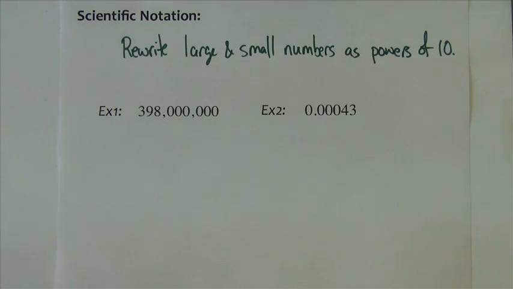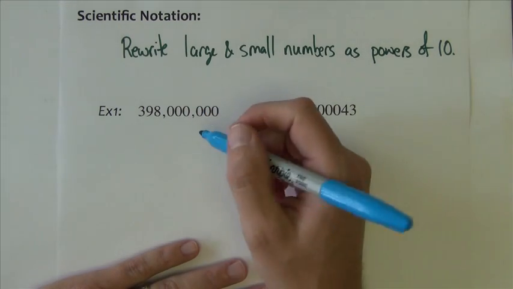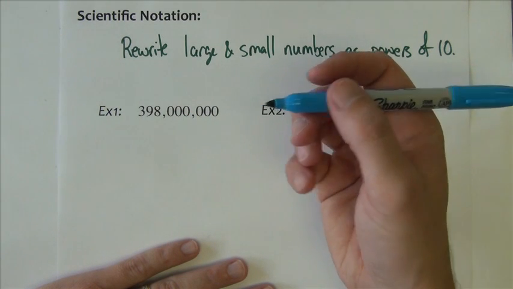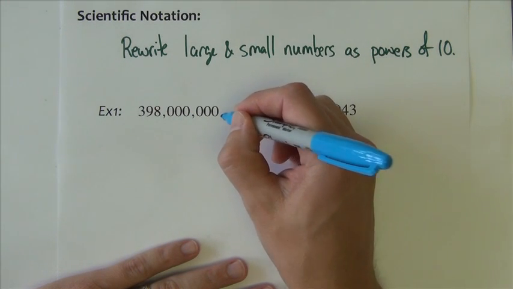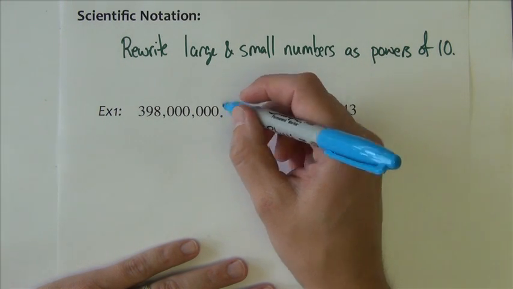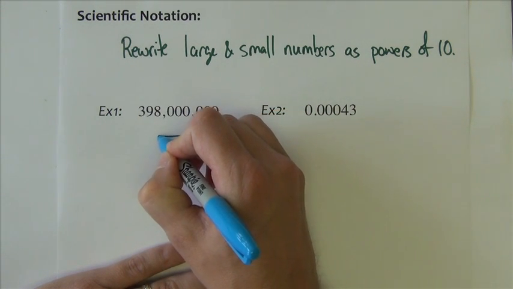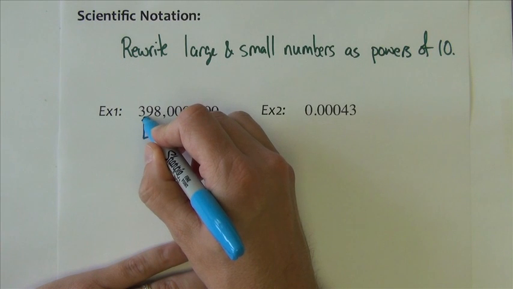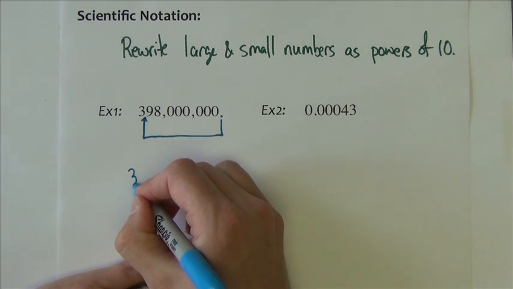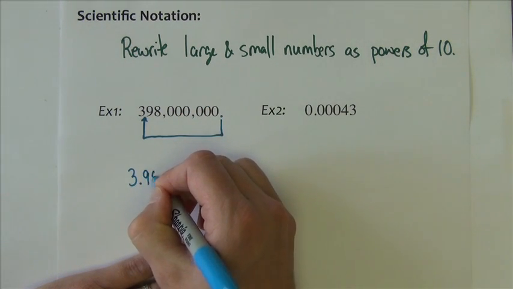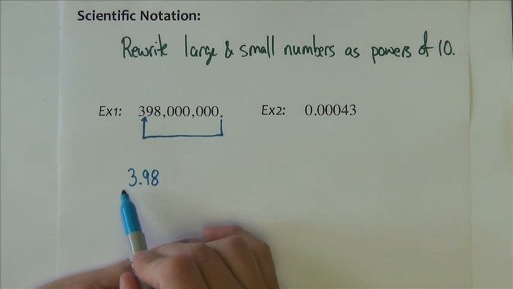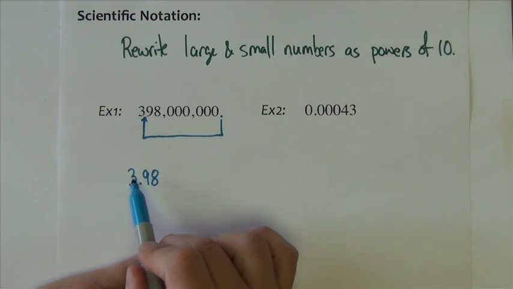and then we'll get into some actual products and quotients. When doing scientific notation, we begin by taking the decimal point, which in this problem is at the end of the number on the far right, and we're going to move it between the 3 and the 9. What we want is to write a number that is bigger than 1 but smaller than 10.